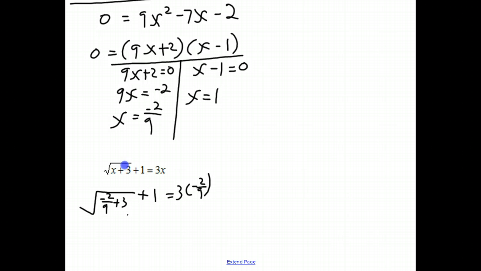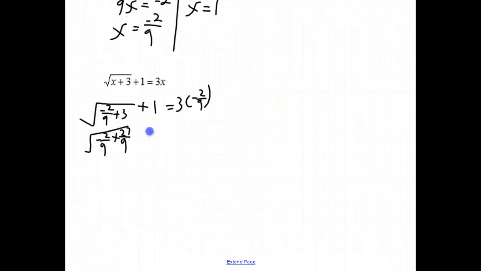Under the square root, for those who know your fractions, you will get negative 2 ninths plus 27 over 9, and we do that so we can actually subtract them. And we'll just continue with that.